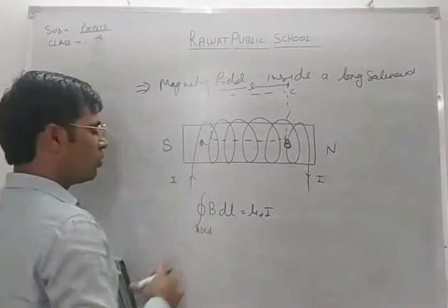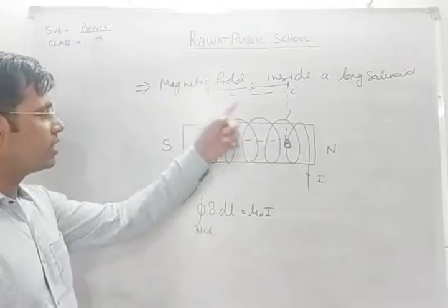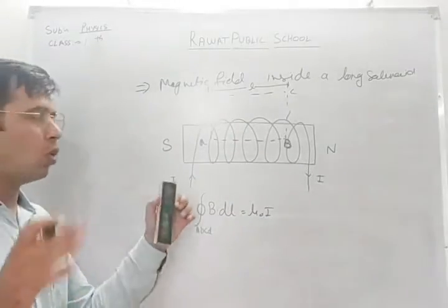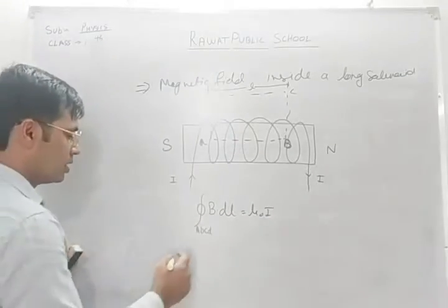So, instead of computing magnetic field for the entire rectangle, we will be dividing the whole rectangle into different segments.